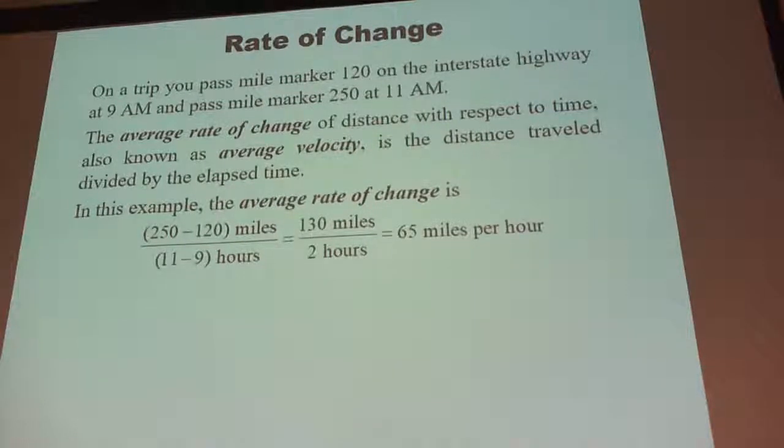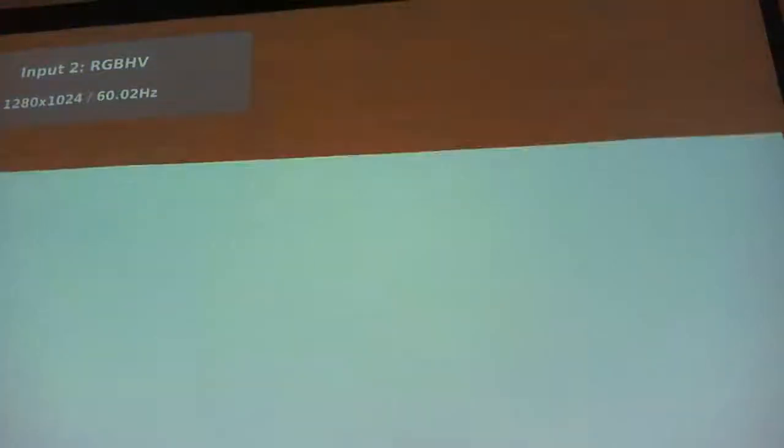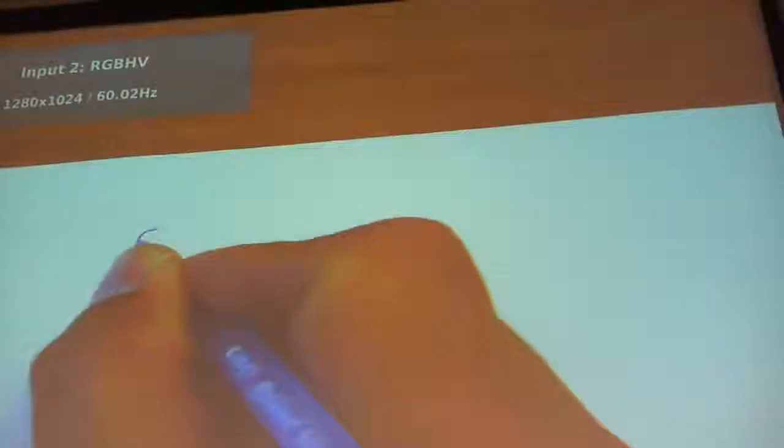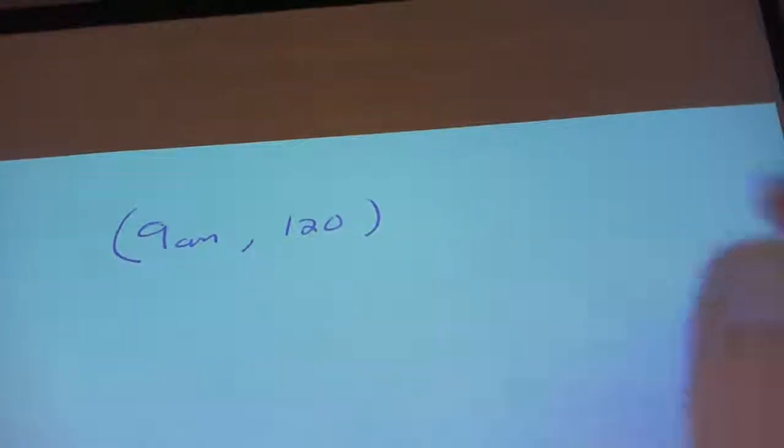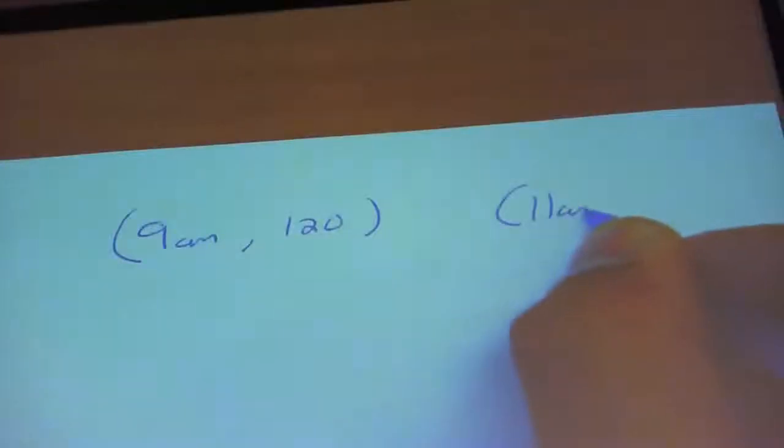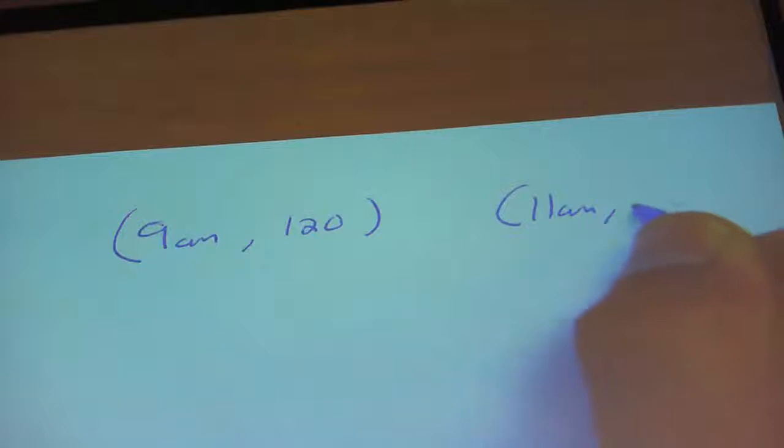Okay, so let me back up a little bit, make sure we understand this, and put it to what we already know. So we're going to bridge algebra and calculus today. So you're told at 9 a.m., you're at mile marker 120. Then at 11 a.m., you're at mile marker 250.